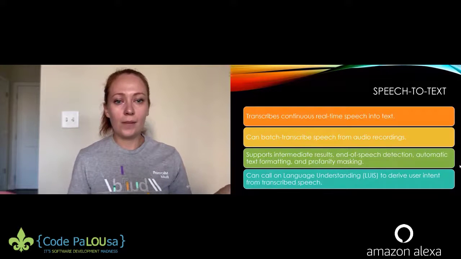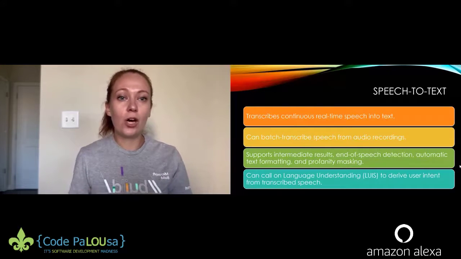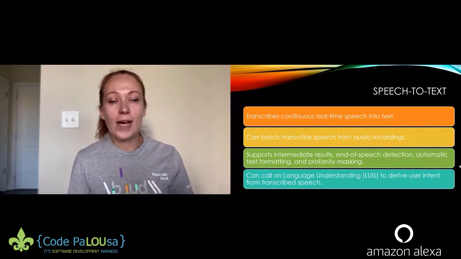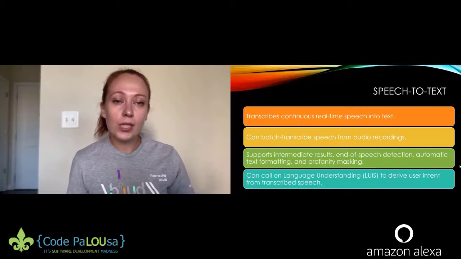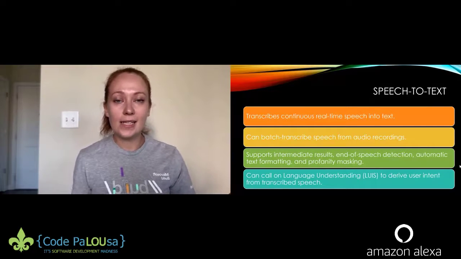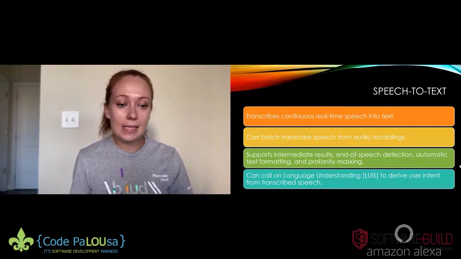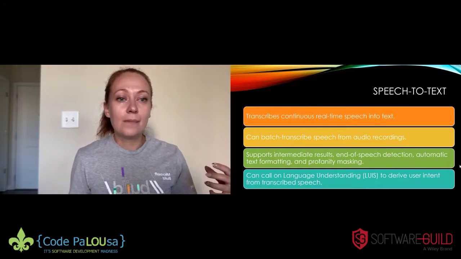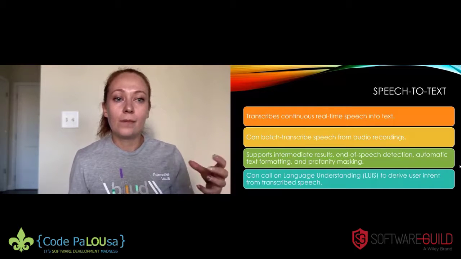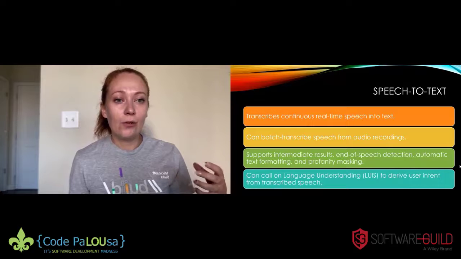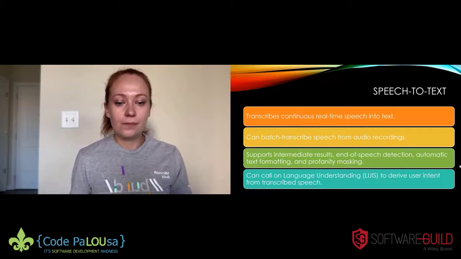So you are using speech to text, converting speech to text, and then you pass the text to LUIS, and then LUIS analyzes it and provides you information about the intent and some values in this utterance, and you can work with those values.